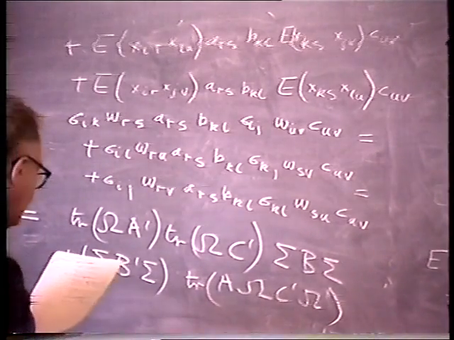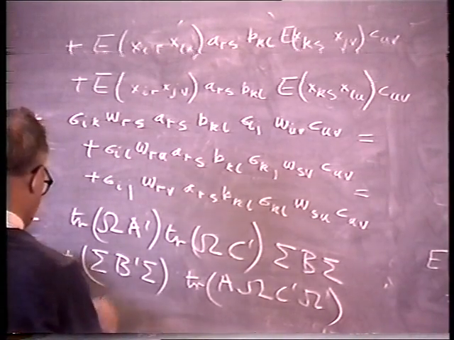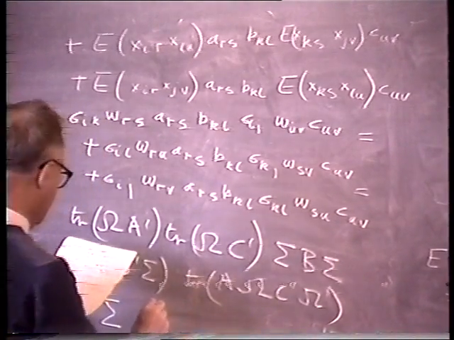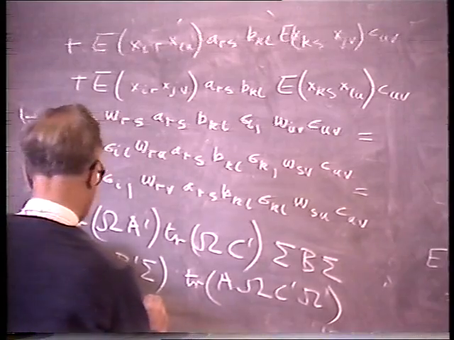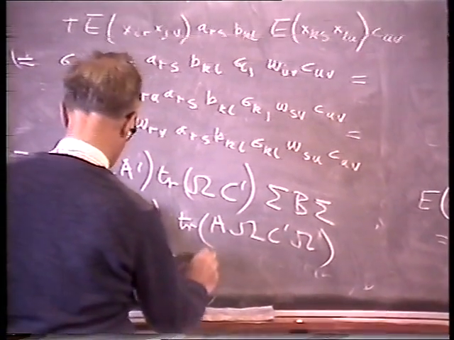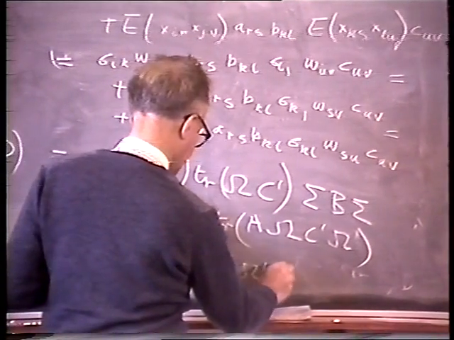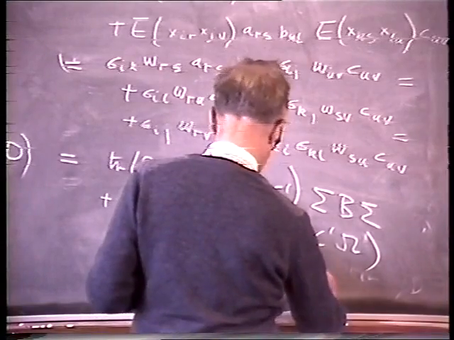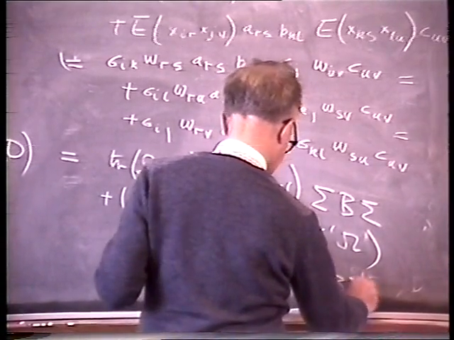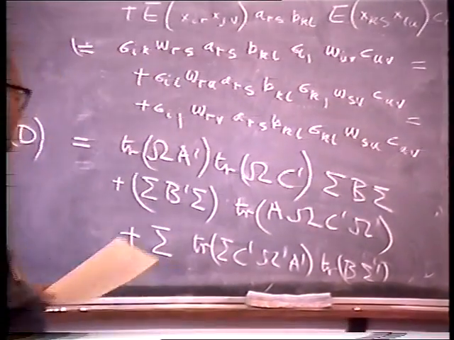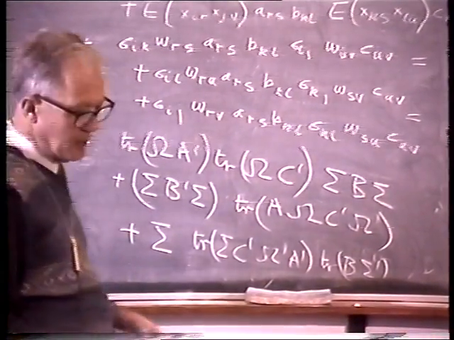Then finally we're going to have plus sigma, and then trace sigma C primed omega primed A primed as one trace, and then a second trace, trace B times sigma primed. Again, we can remove the prime and the omega.